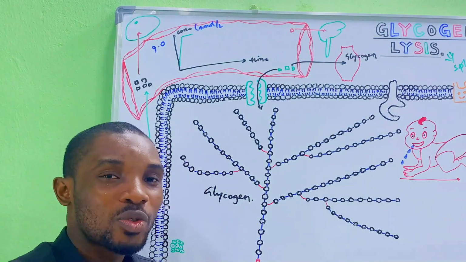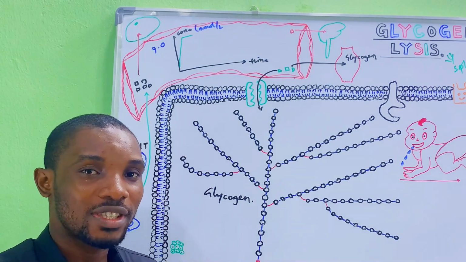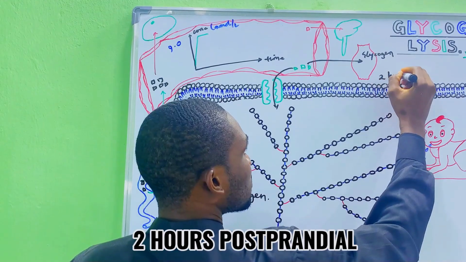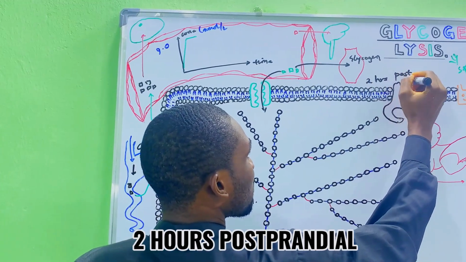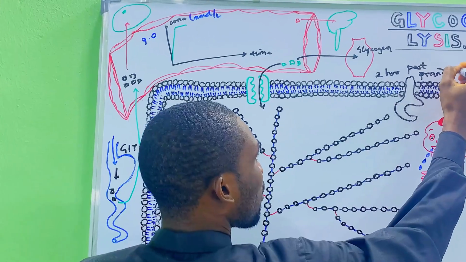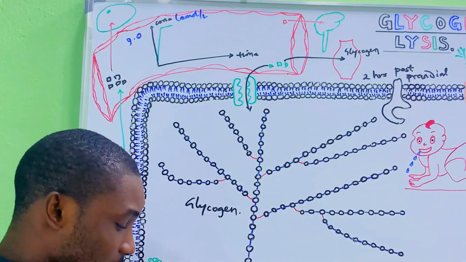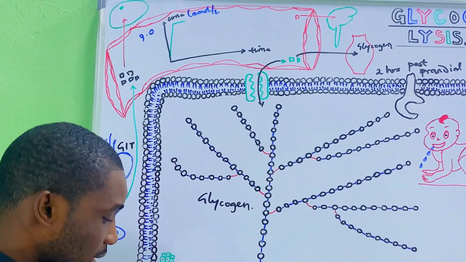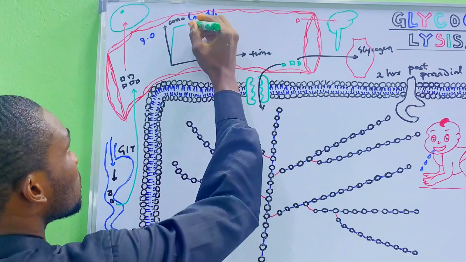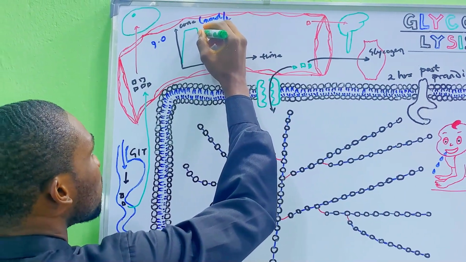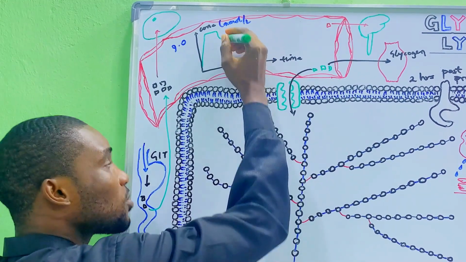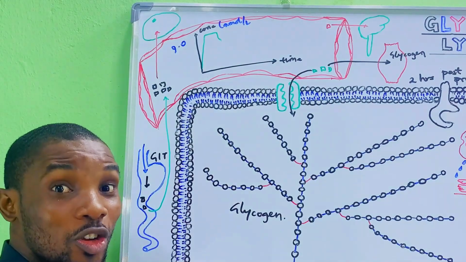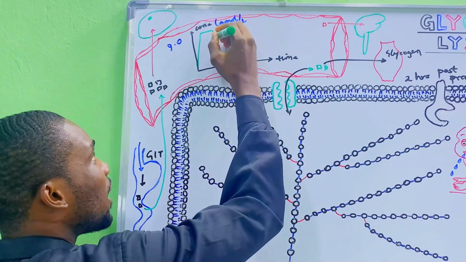After about 2 hours postprandial, which simply means 2 hours after you've eaten, the blood glucose starts going down. It starts falling because the tissues are still making use of glucose.